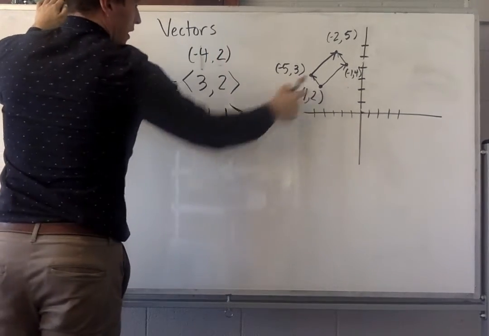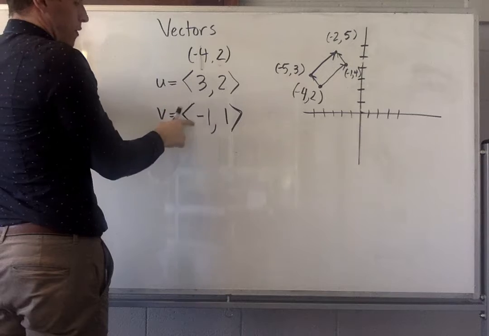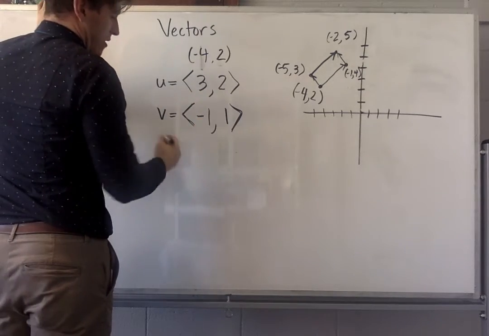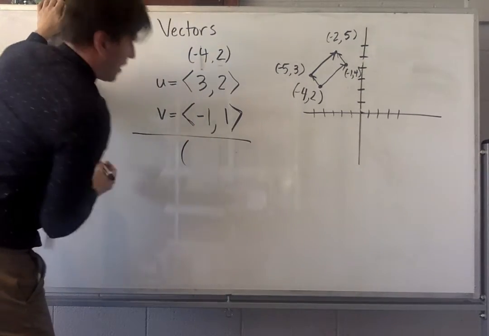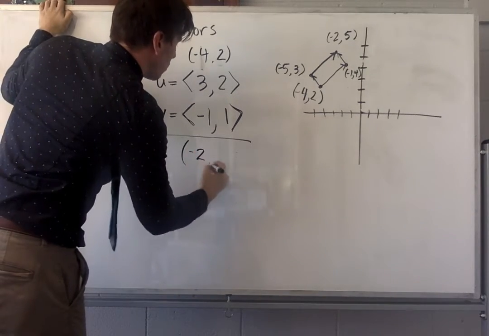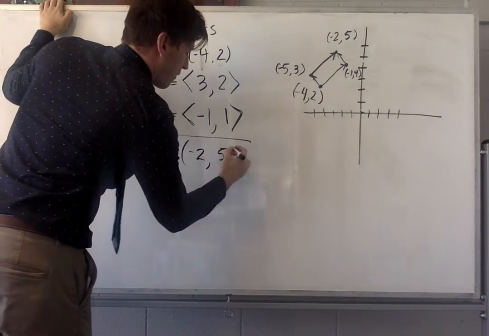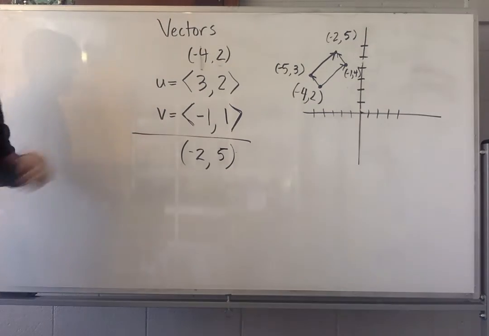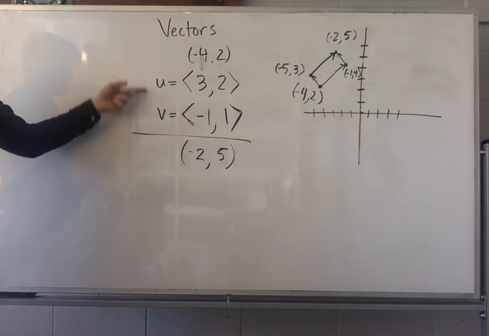My starting point is right here. Then it doesn't matter whether I add in the 3 or the -1 first, or the 2 and the +1 first. Either way, if I'm treating this like an addition problem, it's going to add up to -2, 5, which means that that's my final point, whether I do u first and then v, or v first and then u.